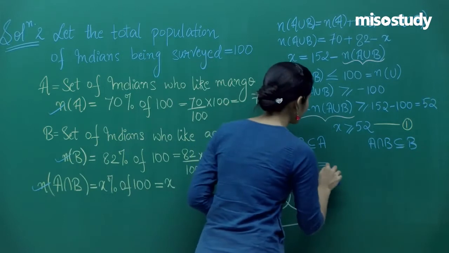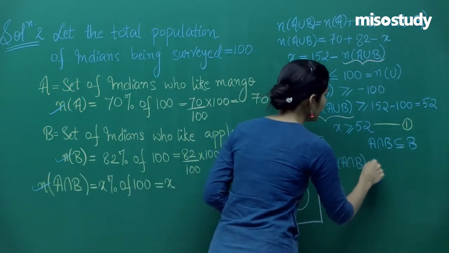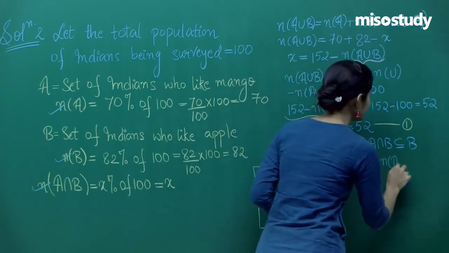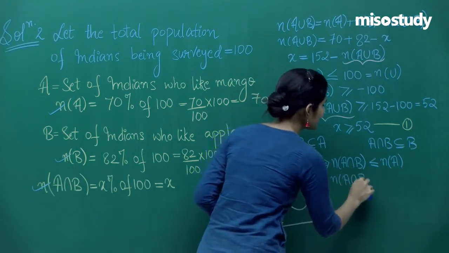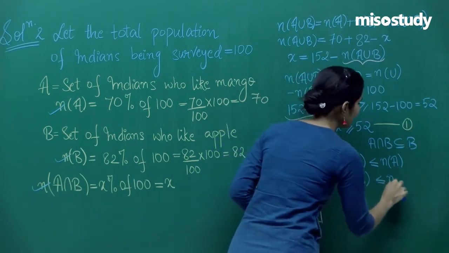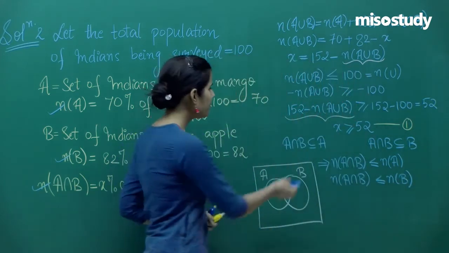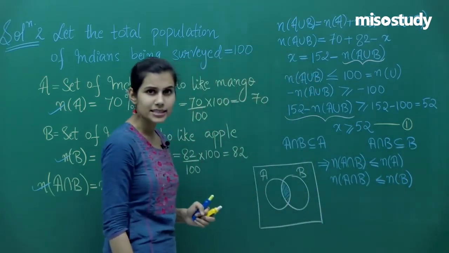Therefore, what I have is that number of members in A intersection B is less than or equal to number of members in set A, and also number of members in A intersection B will be less than or equal to number of members in set B, by both these very conditions. What is number of members in set A?